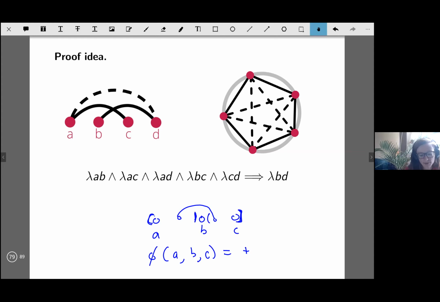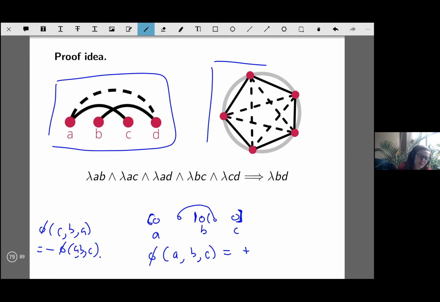So phi of ABC is positive if there exists an edge like that in the picture, and otherwise it's negative. And this is all I need to define phi, because now I can just define phi of CBA to be negative phi of ABC. Okay, so this works. I don't want to go into why this satisfies the four-term Plücker relation, but it's because of these forbidden configurations.